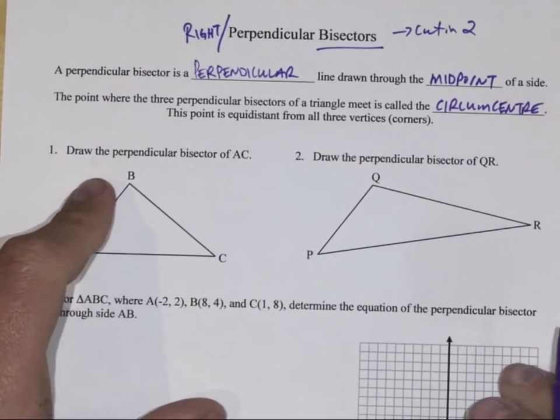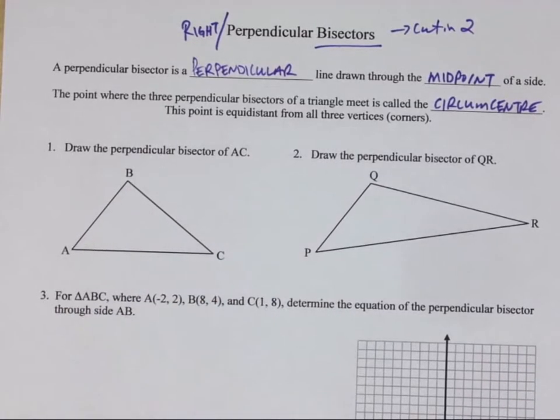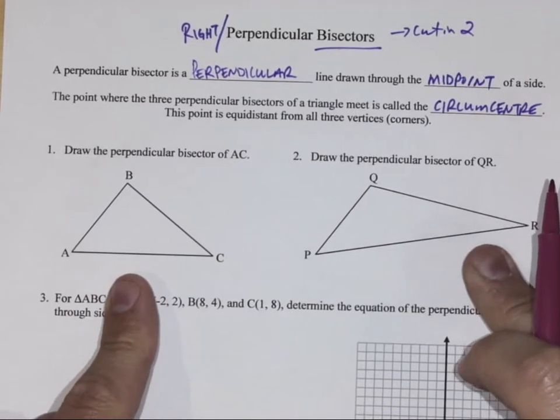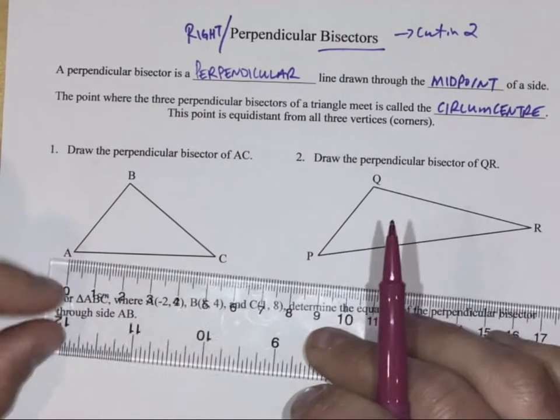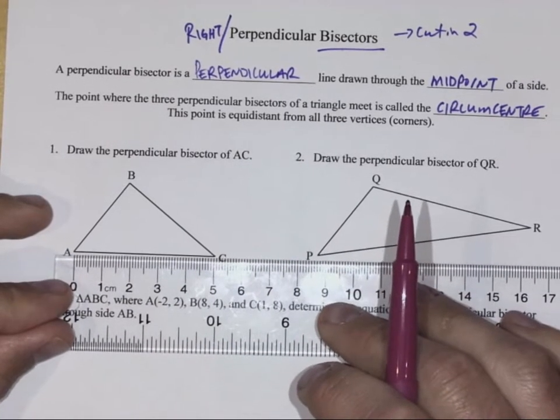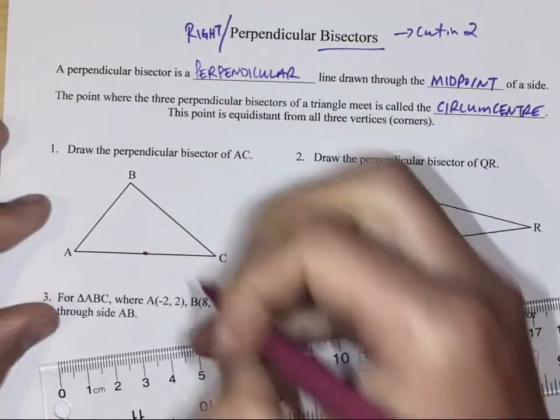So, if we were to draw the perpendicular bisector of AC, again, we never trust our measuring tools, we trust the numbers. But we're going to use a measuring tool here. These are the exact same two triangles that we used for medians. Yep, still 5 centimeters, so 2.5 is halfway.